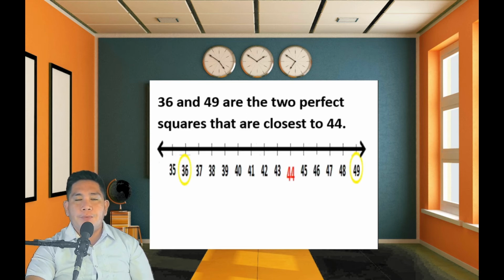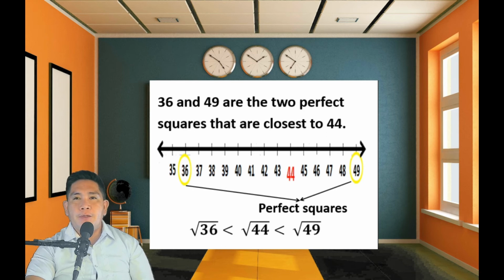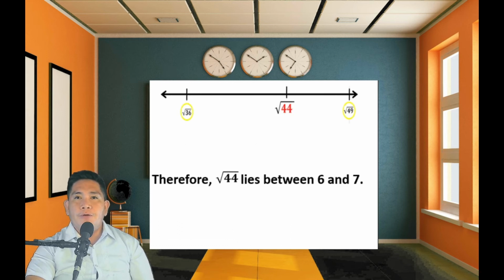These are 36 and 49 because the square root of 44 is greater than the square root of 36 but less than the square root of 49, or the square root of 44 is greater than 6 but less than 7. Therefore, the square root of 44 lies between 6 and 7.